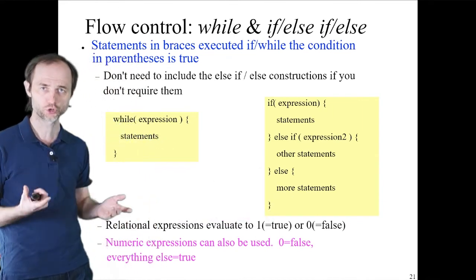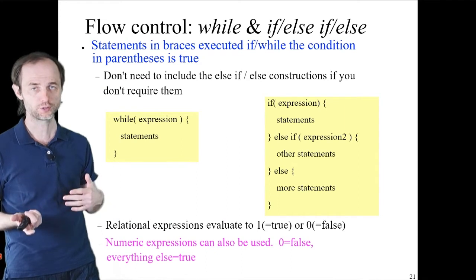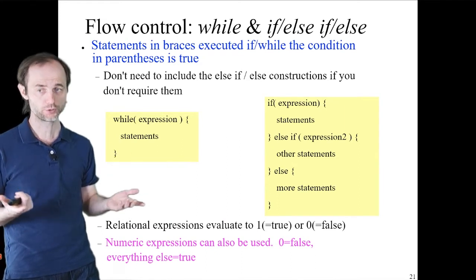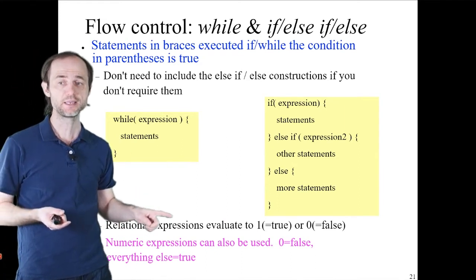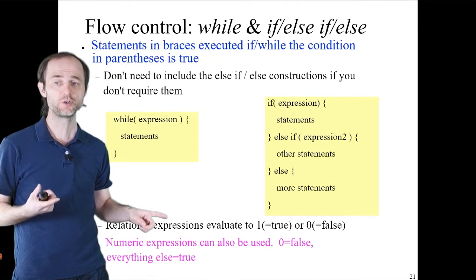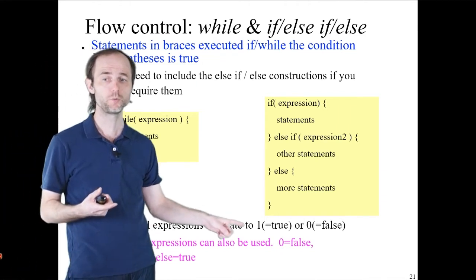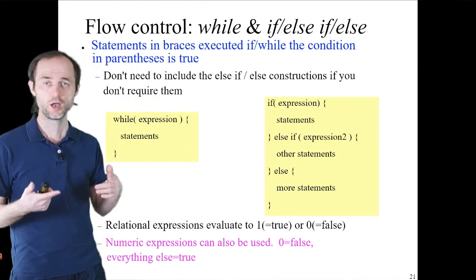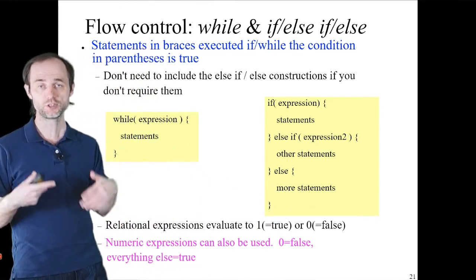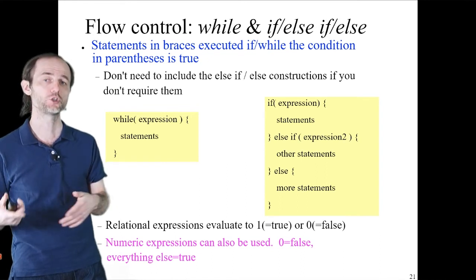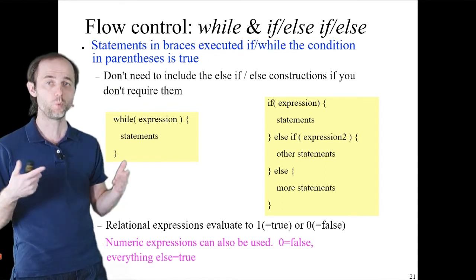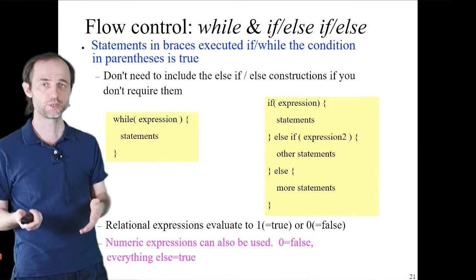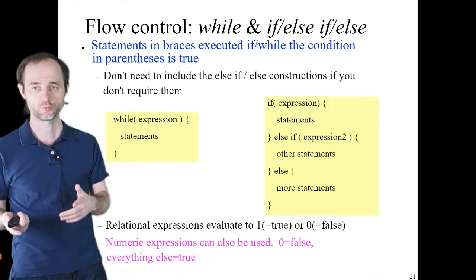So what is the truth or falsehood of a statement according to C? Statements evaluate to either 1, which is true, or 0, which is false. If you say 1 less than 2, that is a true statement, and C will evaluate it to 1. If you say 1 less than 1, it's a false statement, and C will evaluate it to 0.